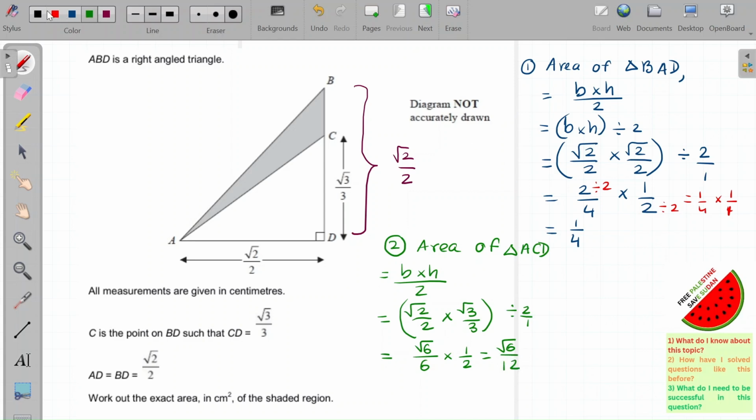Okay. Now part 3. Area of the shaded region.